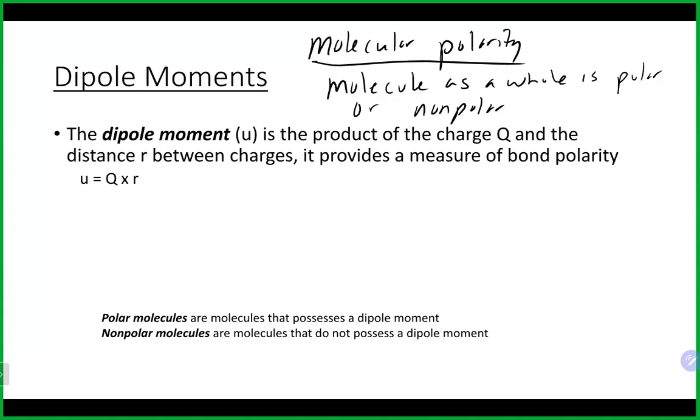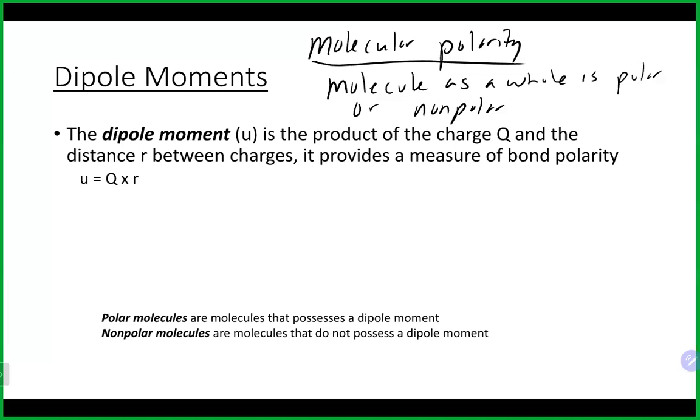When we talk about molecular polarity, we're not necessarily talking about the individual bonds, but we're talking about everything as a whole. So all the bonds that are in that molecule, is the entire molecule sharing those electrons equally? And if it is, it would be a nonpolar molecule. And if it is not sharing them equally, it will be a polar molecule.